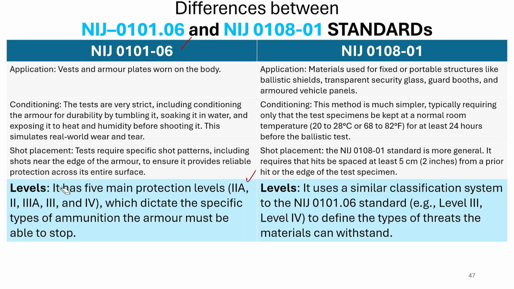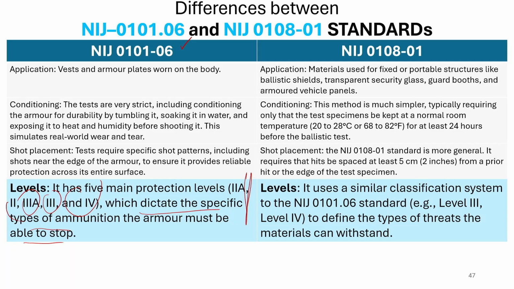In NIJ 0101.06, these 5 levels dictate the specific type of ammunition that the armor must stop. There are different types of ammunition, and it is specified. If the armor stops that, then we grade it at that particular level.